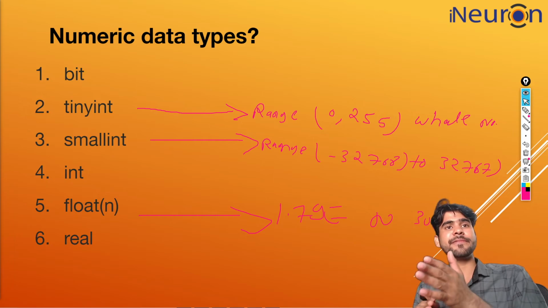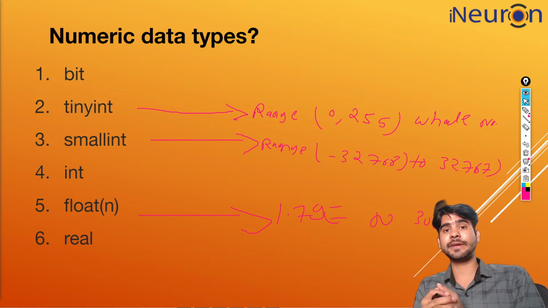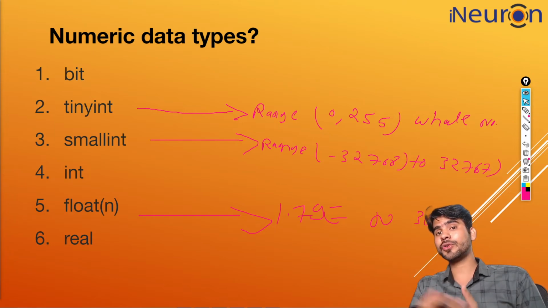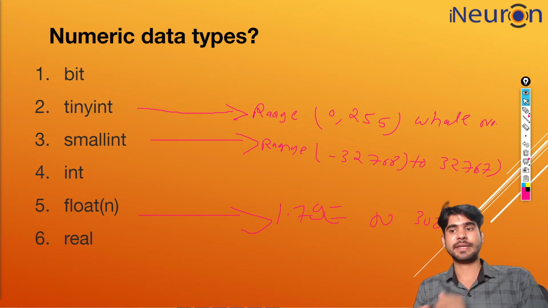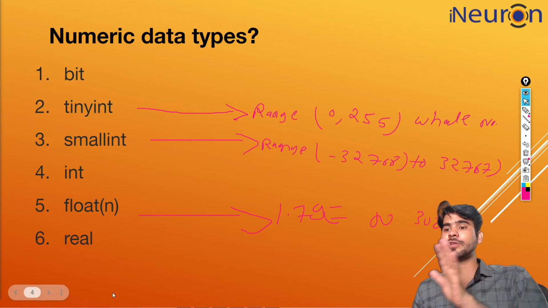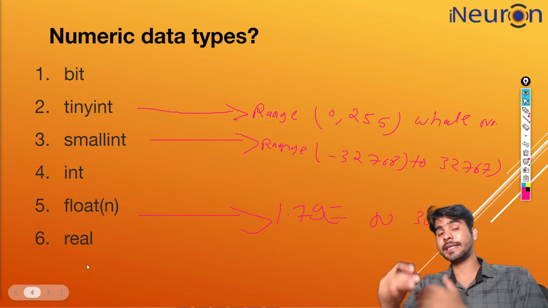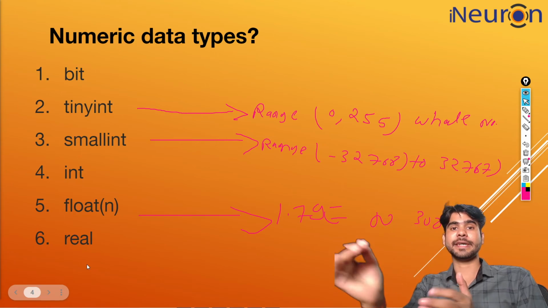Whenever we want to define an integer value, we can use a bit. Whenever you want to define a whole number, you can use tinyint or smallint. Here you will get the only difference in range. Third, whenever you want to define a floating point number, you can use real or float, but again here you can find a difference in range.